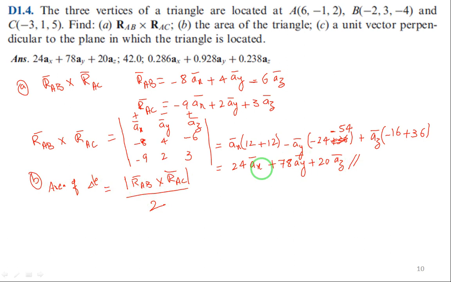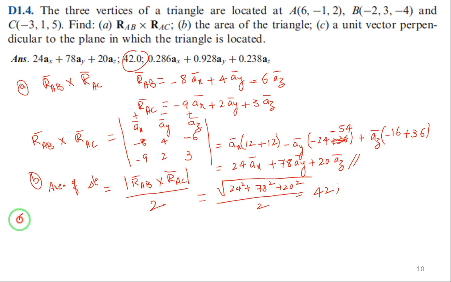So magnitude of R_AB cross R_AC is the square root of 24 square plus 78 square plus 20 square, divided by 2. So finally you will get the answer as 42. Please check it, 42.